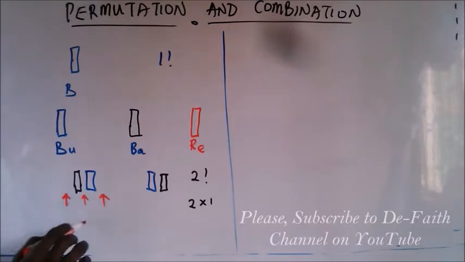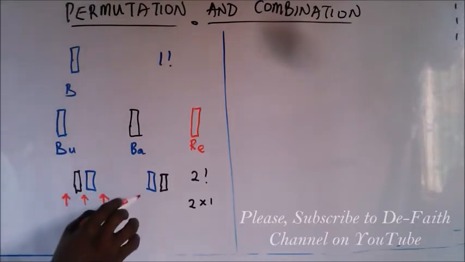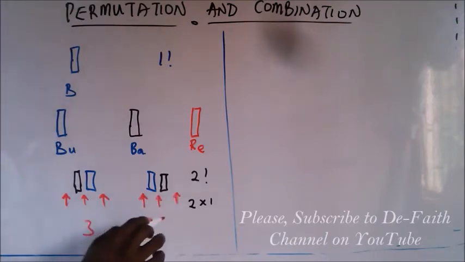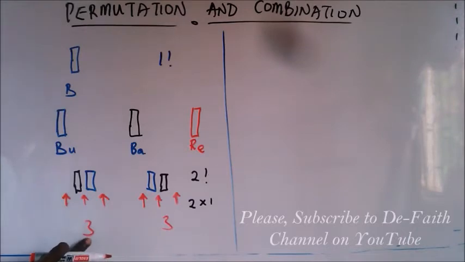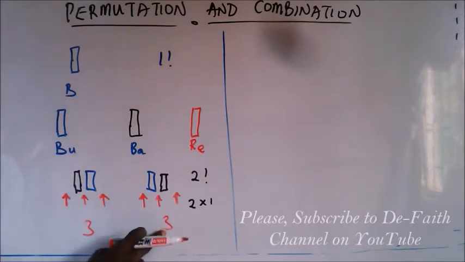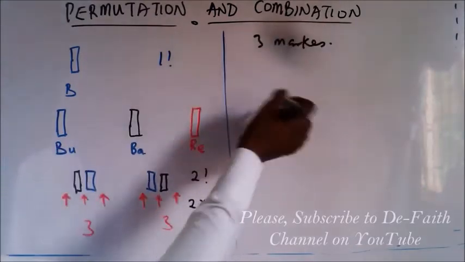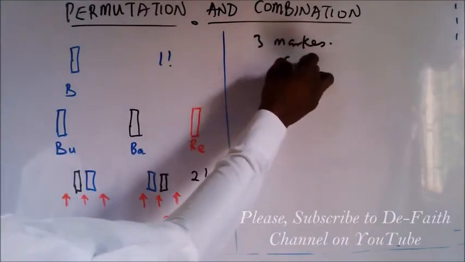Making how many ways? That's 3 ways. We could also introduce the red marker here, or here, or here. Here we have another 3 ways. So we have 3 plus 3. And so when we have 3 markers now, we'll find out that we have 6 ways.